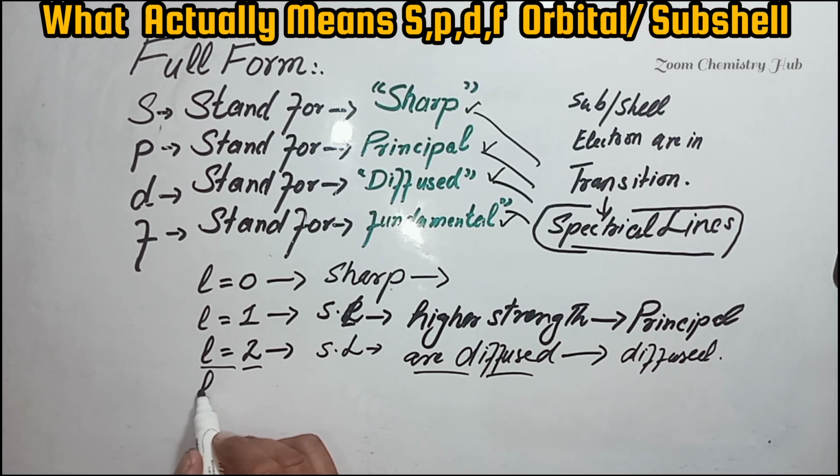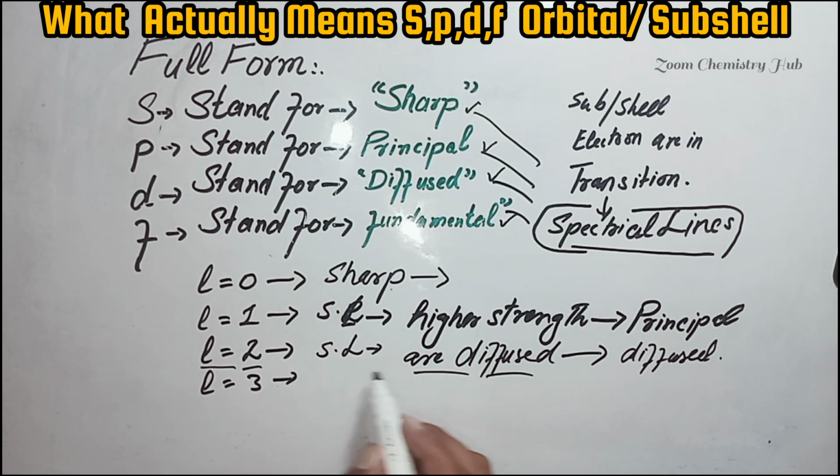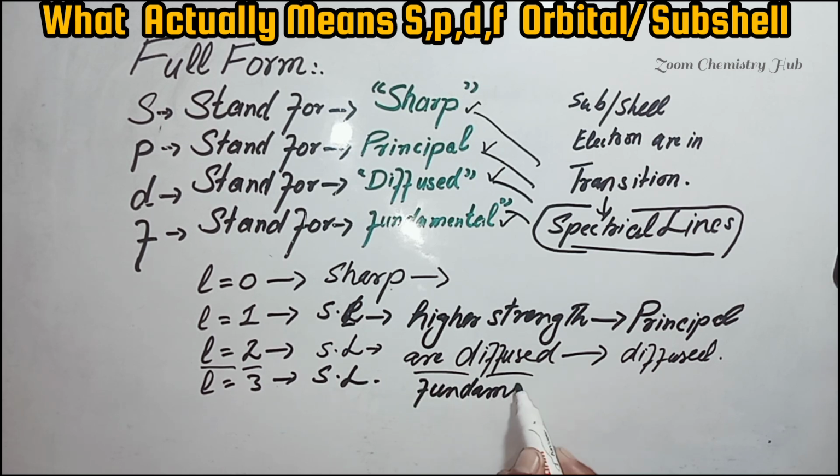Similarly, when the value of L is equal to 3, the spectral lines are in a fundamental way. So when the value of L is equal to 3, the spectral lines are termed fundamental.